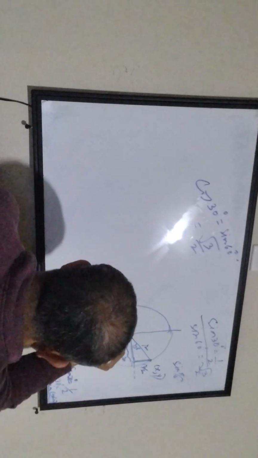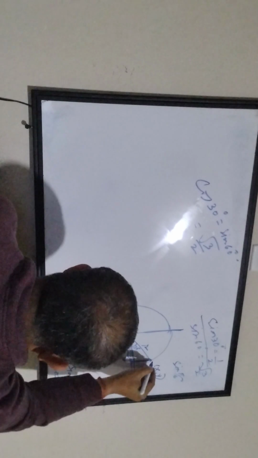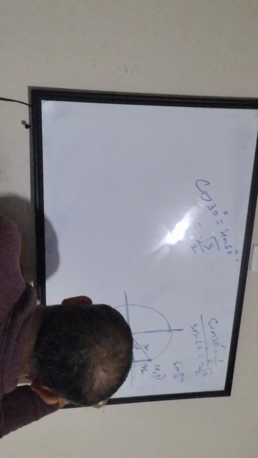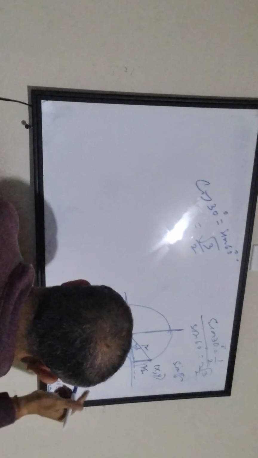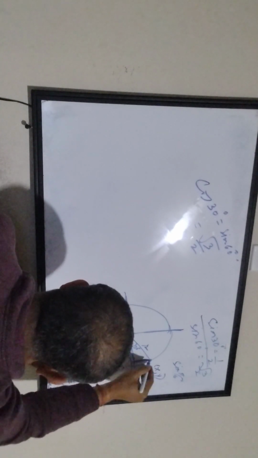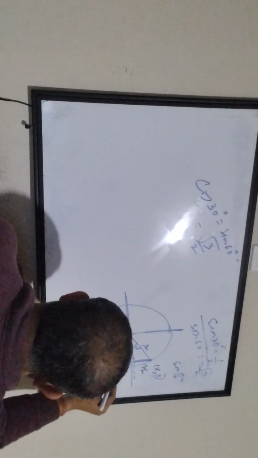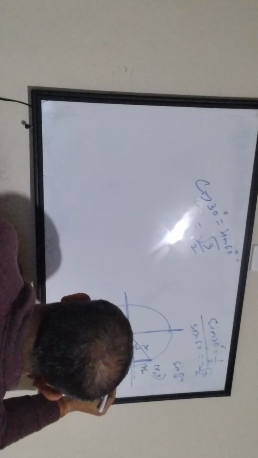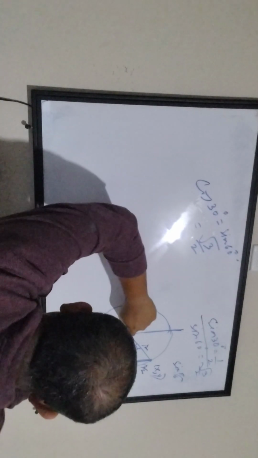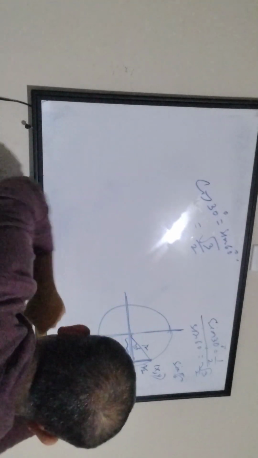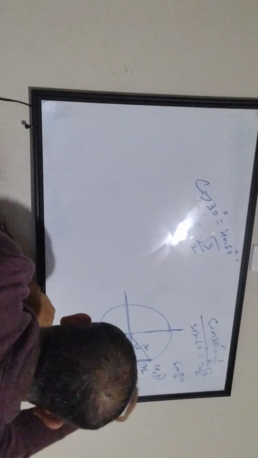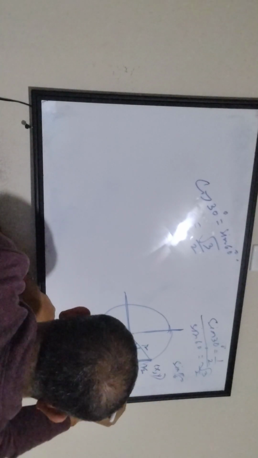Now look at this point. What is the x coordinate? If this is my x and y coordinate, what is the value of the x coordinate? This length, which is root 3 by 2 of r, and this y coordinate is r by 2.